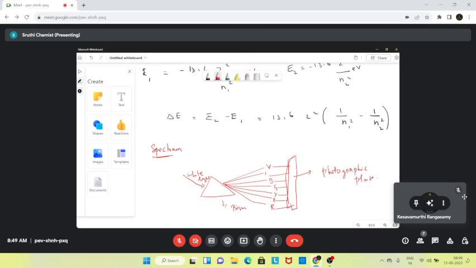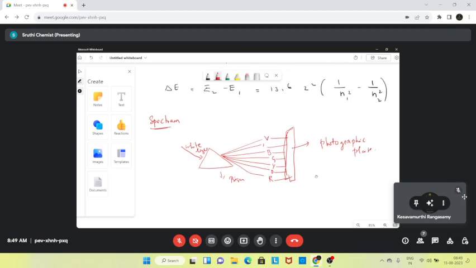Then the spectrum has different ranges of wavelength. I think you learned about the electromagnetic spectrum, right? What is an electromagnetic spectrum? It is a collection of radiation of different wavelengths.